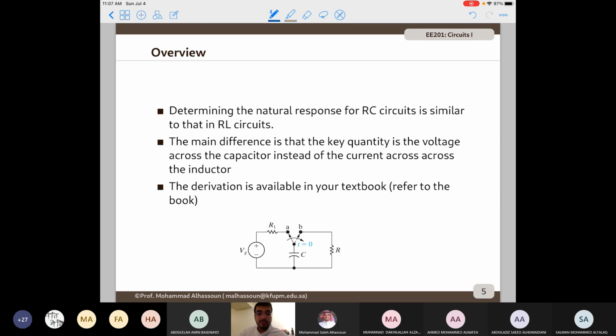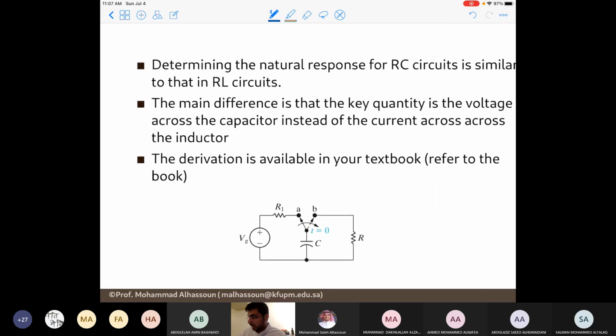So we have a voltage source, and we have a switch and a capacitor and 2 resistors. So at t less than 0, the voltage source is connected to the capacitor and R1. Then at t equals 0, the switch has moved to position B, and the capacitor and the source are disconnected.